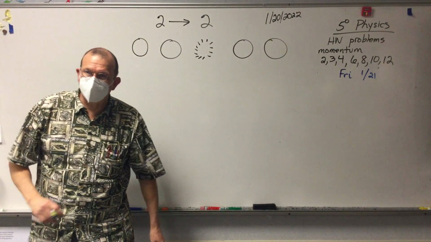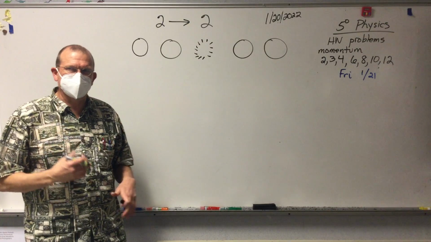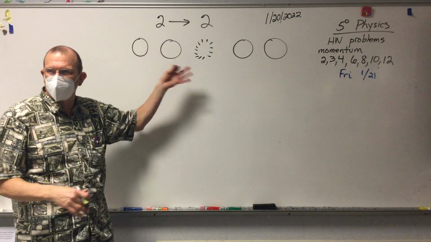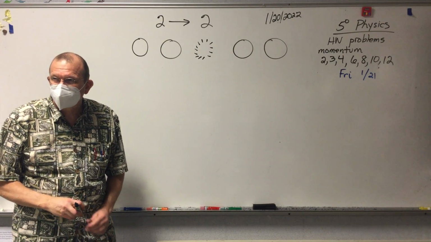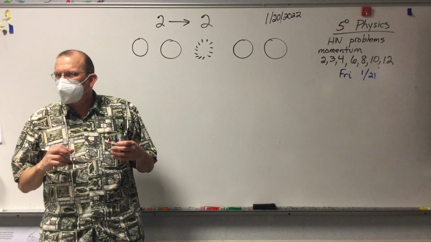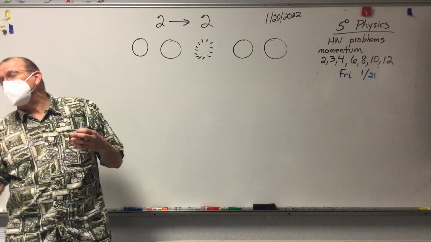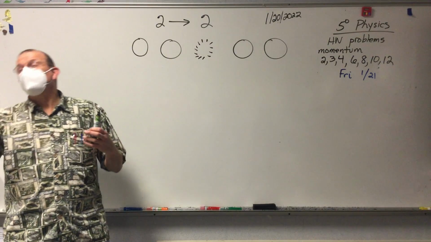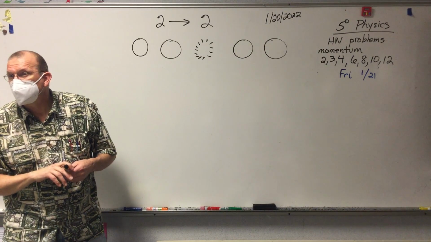Okay. Can somebody give me an example, maybe something that we've recently discussed that would qualify like this? Where you have two objects, they bump into each other and they stay separate. Golf. What would be the two objects? The club and the ball.